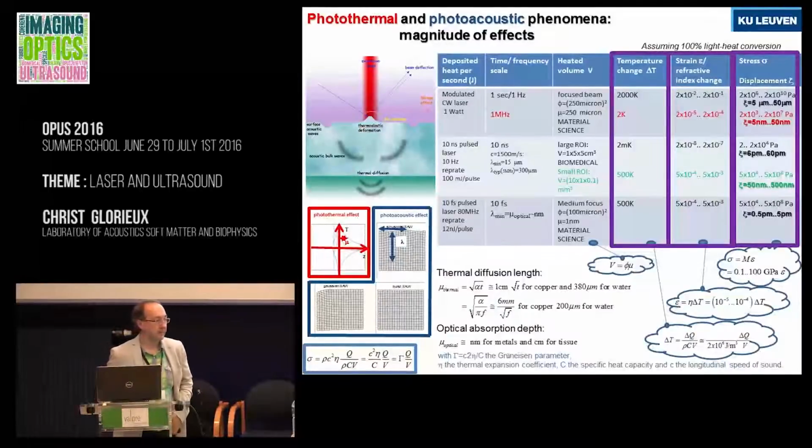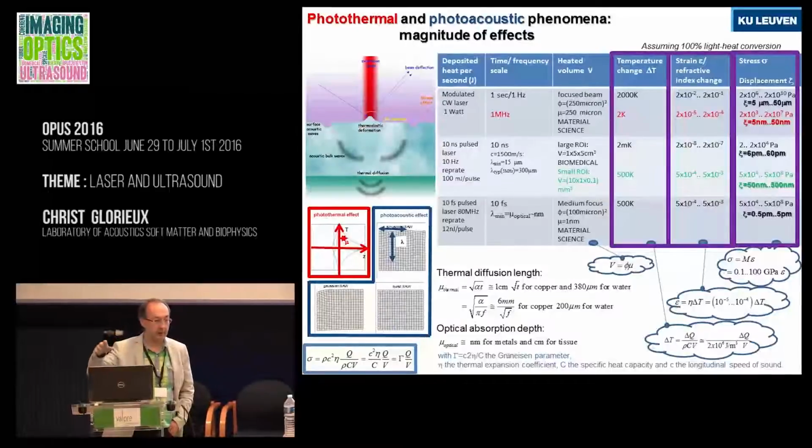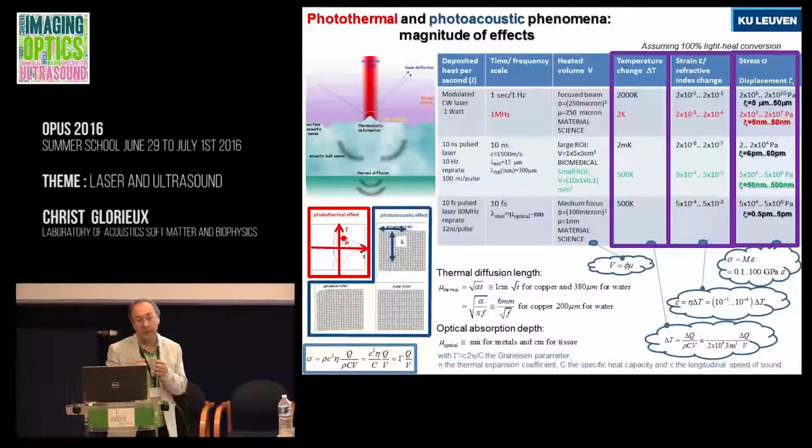How do you link the amplitude of the strain to the change in the refractive index in a liquid? Yes, there's another law for that. For example, there's Clausius-Mossotti, which tells you that the refractive index is proportional to the density. The more molecules you have, the more light will slow down.